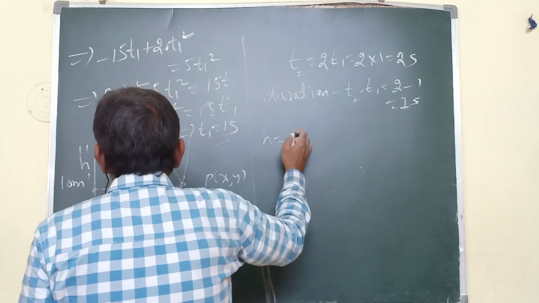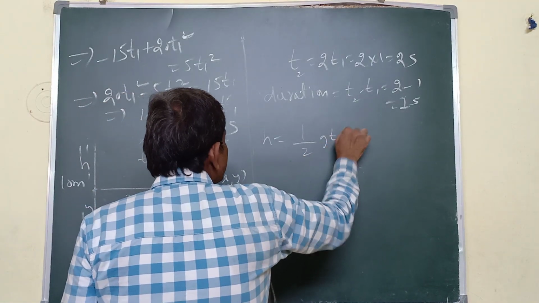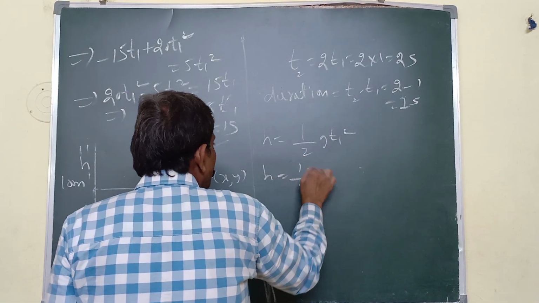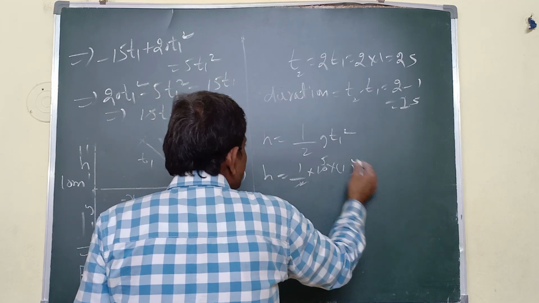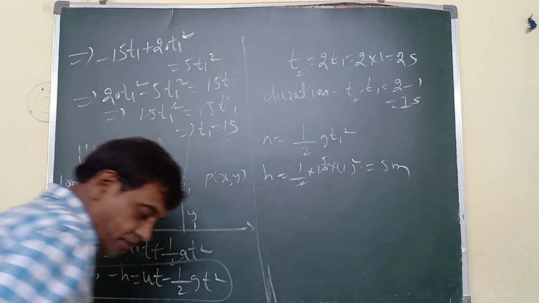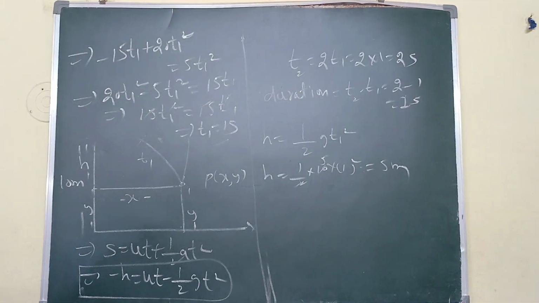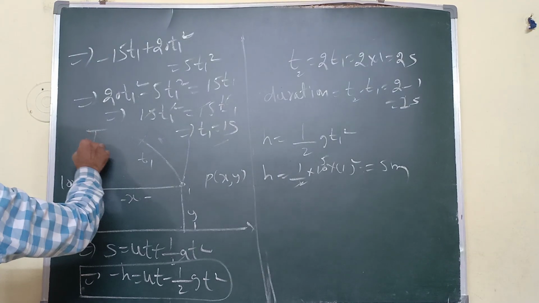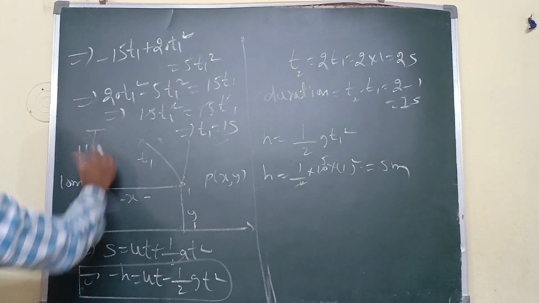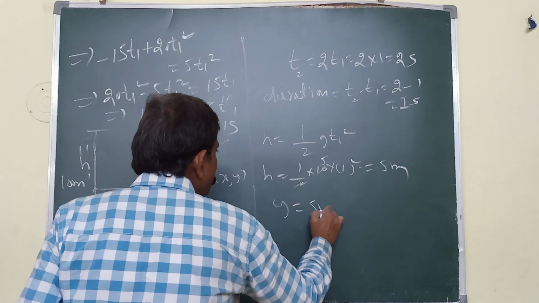H equals to half gt1 square. So half into 10 into 1 square, 2 ones are 2, 5s are 5 meters. So the height is 5 meters. This totally 10, 10 minus 5. So y equals to 5 meters.